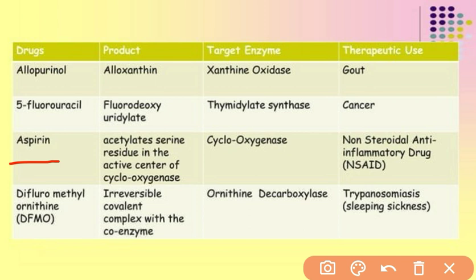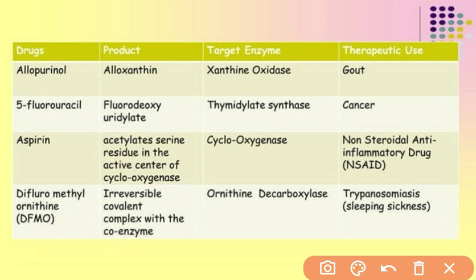In other words, aspirin suppresses the production of prostaglandins and thromboxanes, because aspirin irreversibly inhibits the activity of cyclooxygenase by acetylation of a serine residue in the active site of the cyclooxygenase. So aspirin and such molecules are required for prostaglandin and thromboxane synthesis inhibition or suppression.